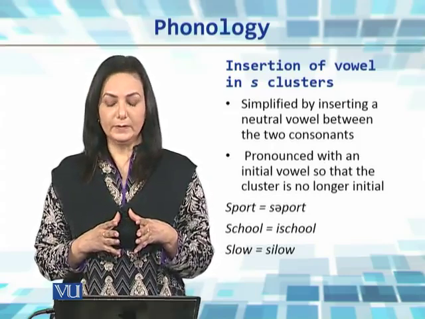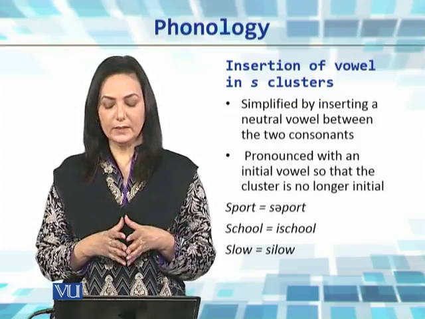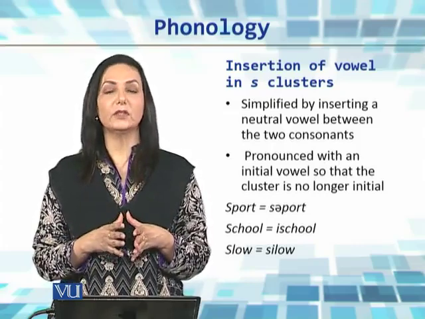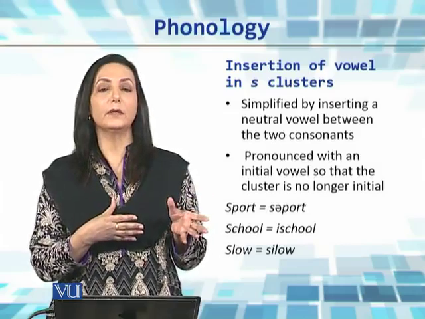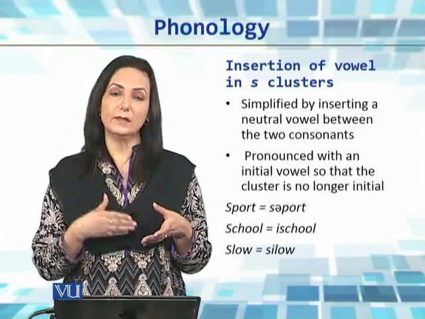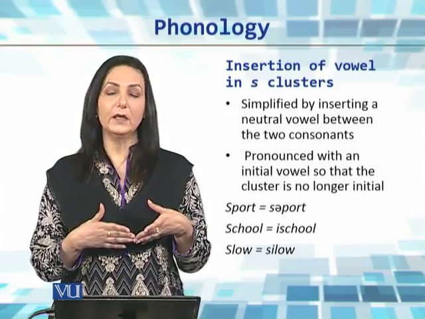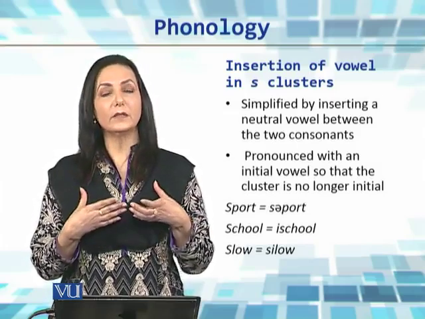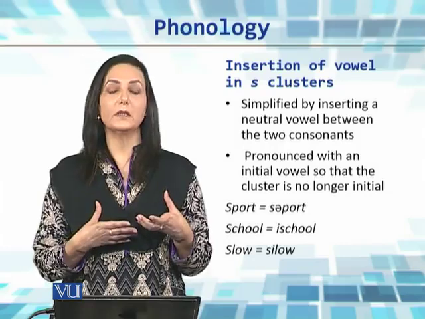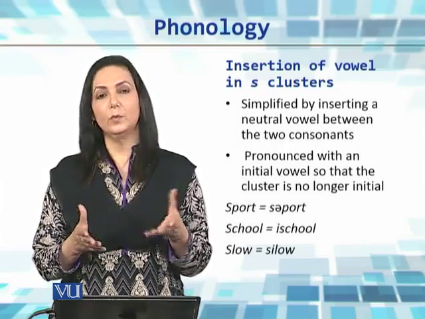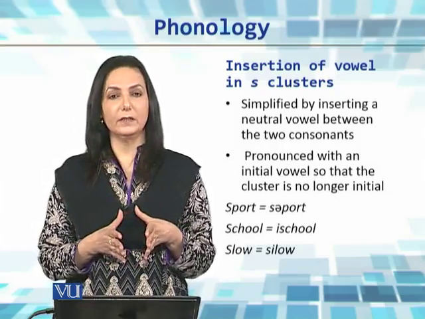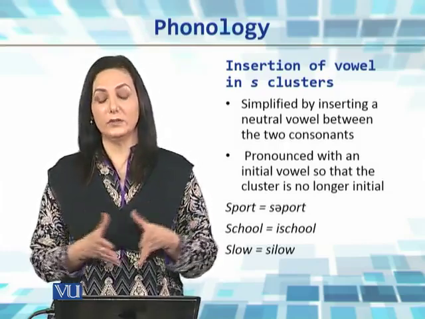The consonant cluster is then pronounced with an initial vowel. Although there is no vowel, it's a consonant cluster at the beginning of a word. But when you insert a vowel sound at the beginning of the word, instead of the consonant cluster sound, the word will start with the vowel sound. And the cluster is no more initial. The initial sound of the cluster is naturally lost.